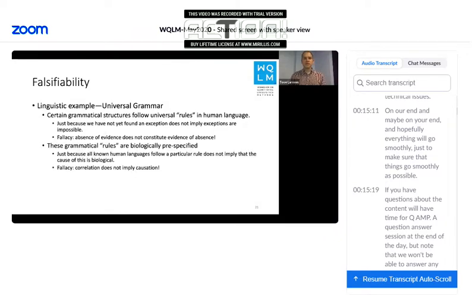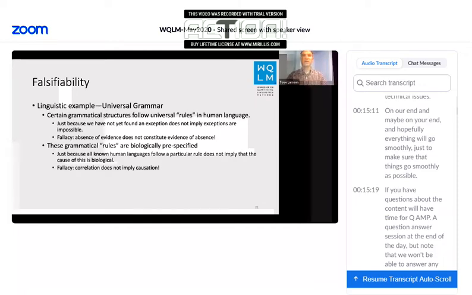Another hypothesis from universal grammar is that the grammatical rules I just mentioned are biologically pre-specified. They're part of our DNA, essentially. However, just because all known human languages follow a particular rule doesn't necessarily imply that the cause of this is biological.